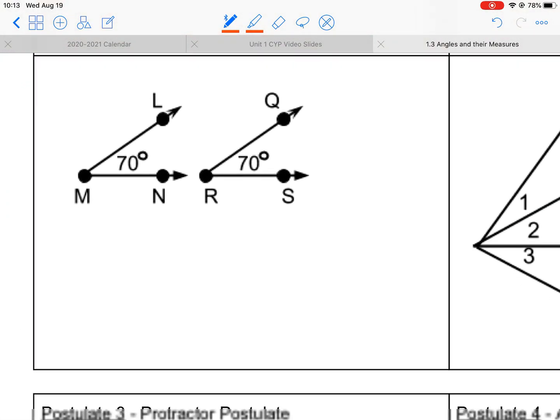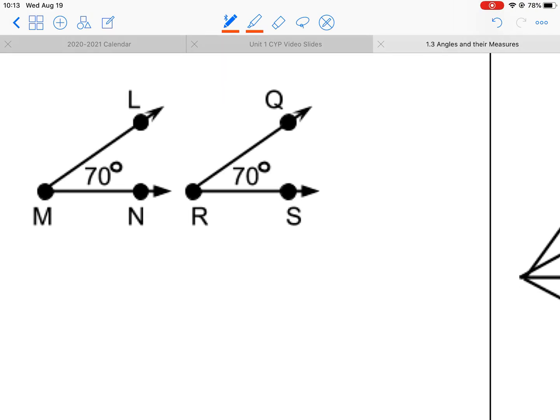That is if we're talking about the actual shape. The notation, whenever we're talking about how big the angle is, changes a little bit. If I am talking about the measure of an angle, I'm going to put an M in front of the angle sign.